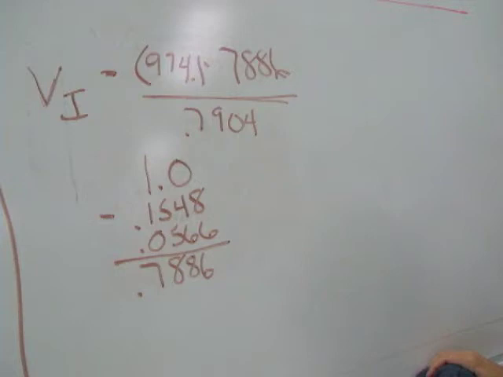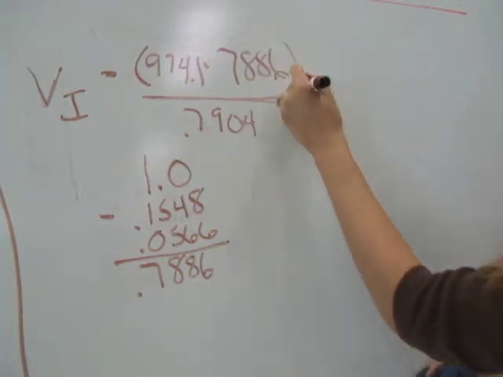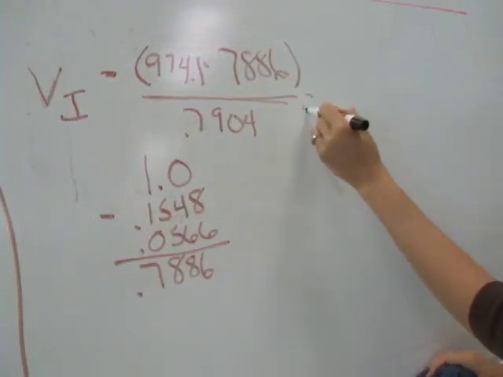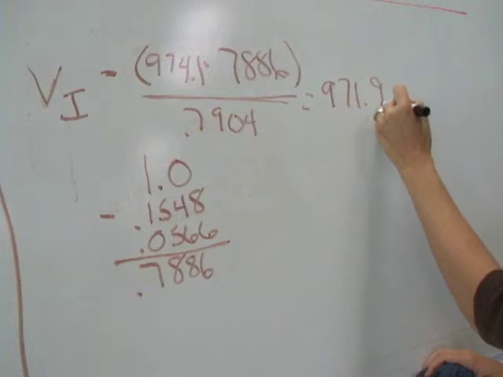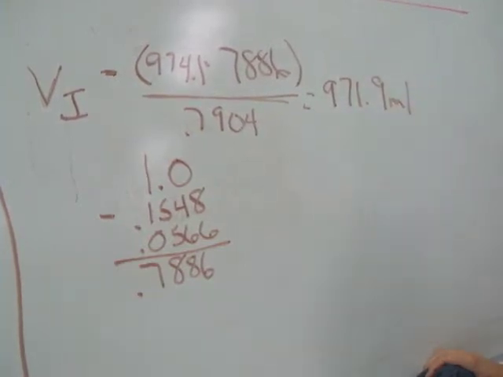After you have done all the calculations on your calculator, you get 971.9 milliliters for your volume of inspired air. And now we can use that to do the entire calculation.